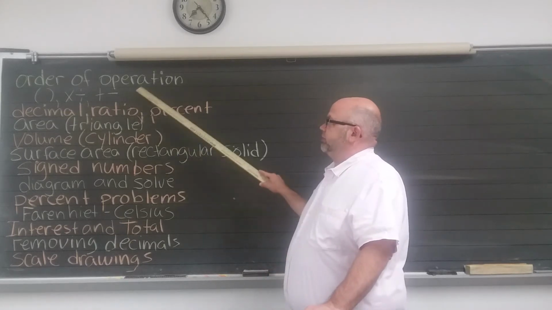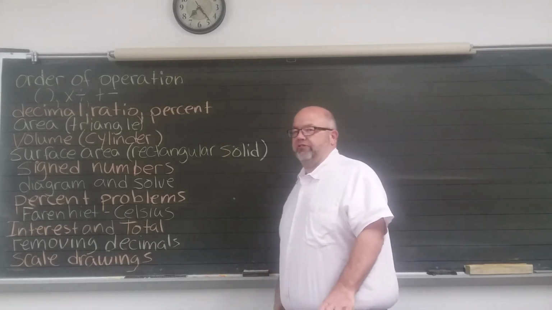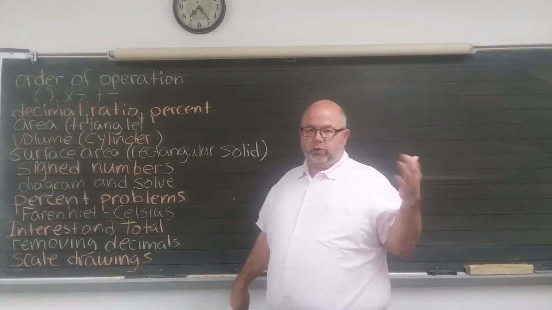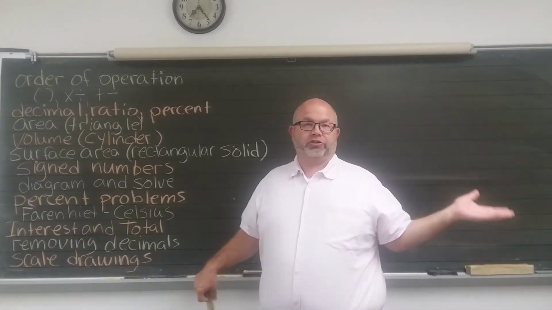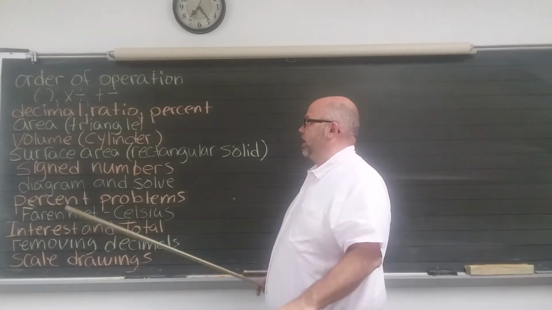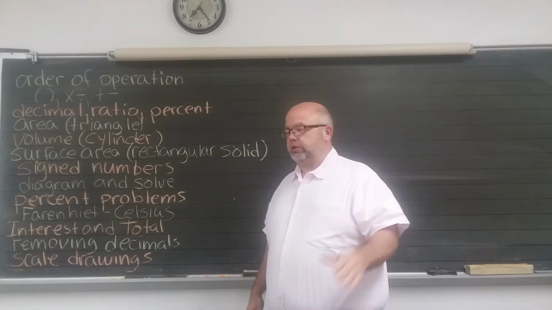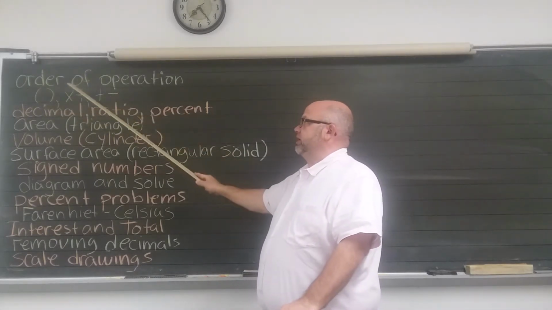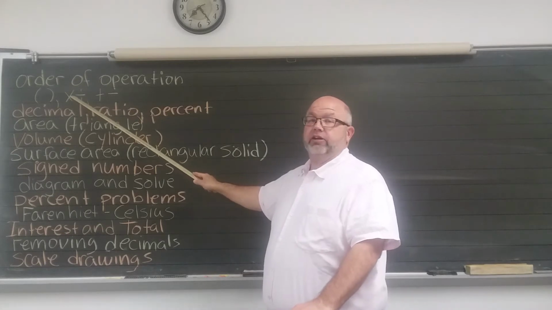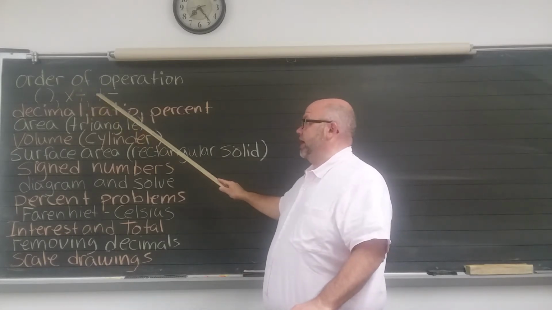Order of operations. That's when you have an equation that has multiple operations. There might be something in parentheses, add, subtract, multiply, divide. There's a certain order that you do things. You do whatever is in parentheses first, then you multiply and divide in whatever order they come, and then you add and subtract.